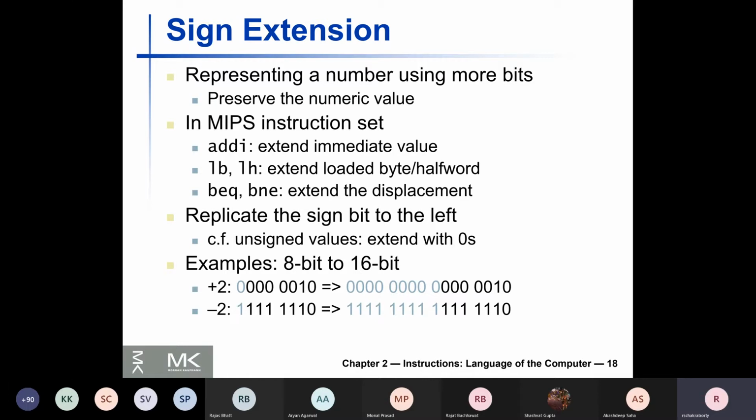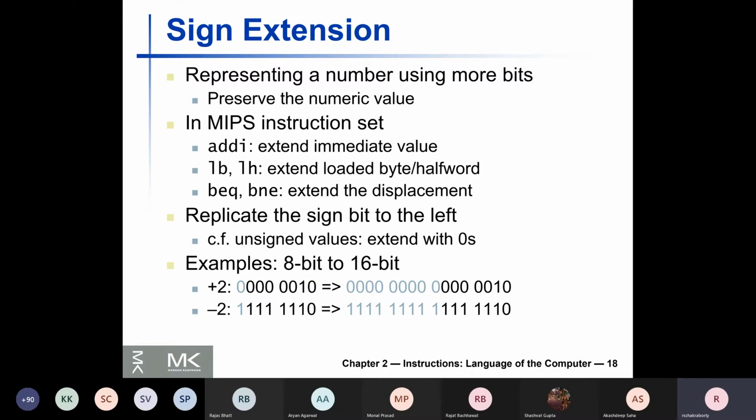The destination register is always 32 bits. That is a constant size 32 in MIPS. We have already discussed this yesterday. So what will happen if you use LB? What about the other 24 locations, 24 bits? You have only covered 1 byte. So in that case, you automatically copy the leftmost bit.